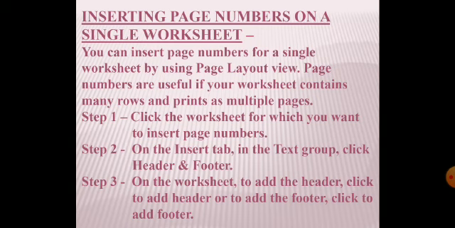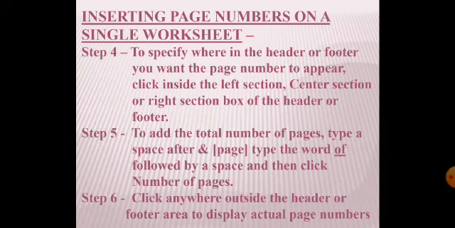Then the third step is, to add the header we have to click on Add Header, or to add the footer we have to click Add Footer. Then the fourth step is to specify where in the header or footer you want the page number to appear. Click inside the left section, center section or right section box of the header or footer.